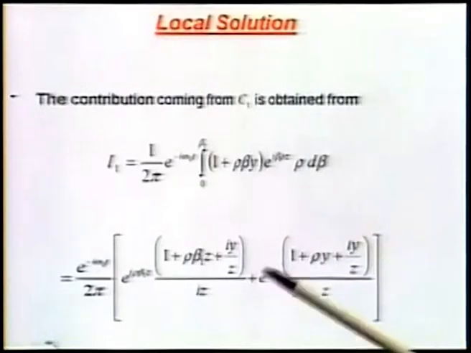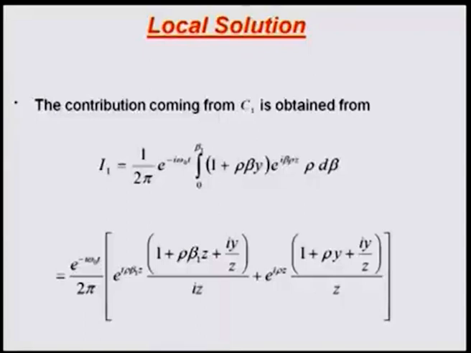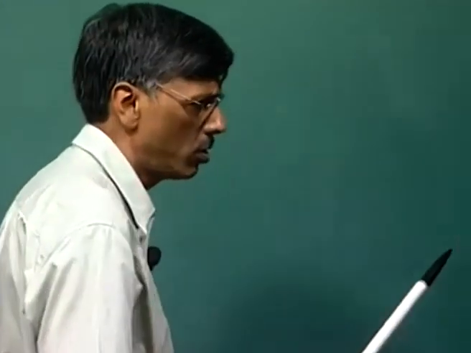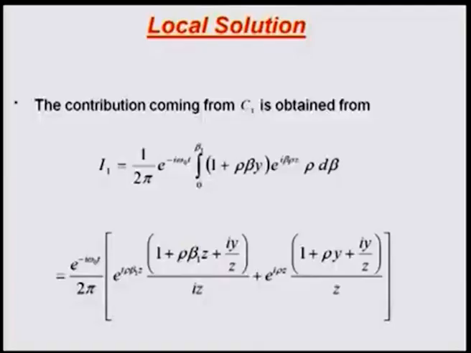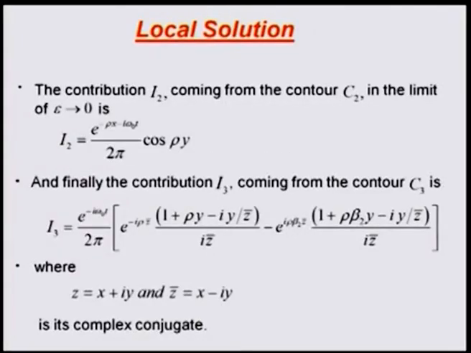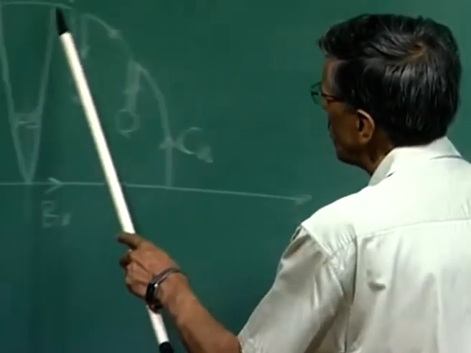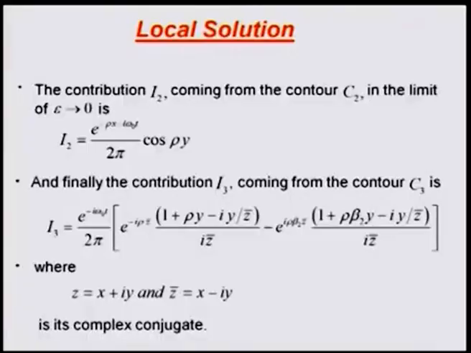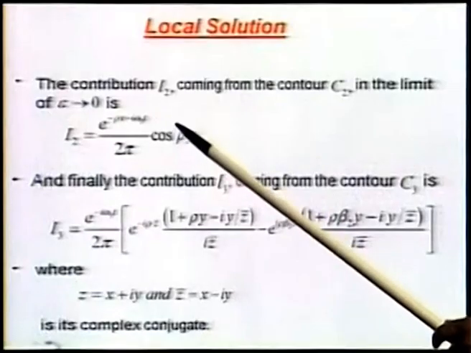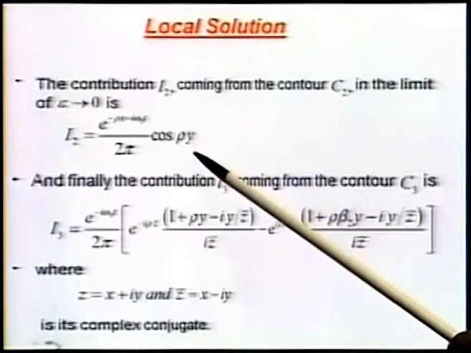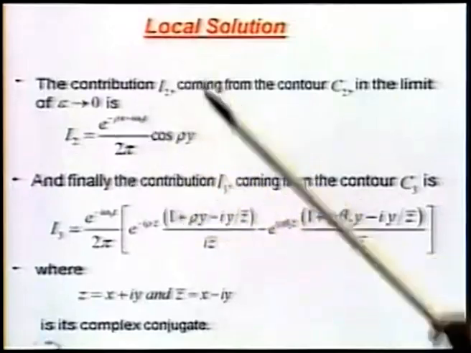And then you perform it. It works out like these two expressions with this complex variable z, that is equal to x plus iy. That's your I1. And you can calculate the contribution coming from P1 to P2, this part. Again, work it out as we saw. It was cos rho y, and this is what we are going to get.